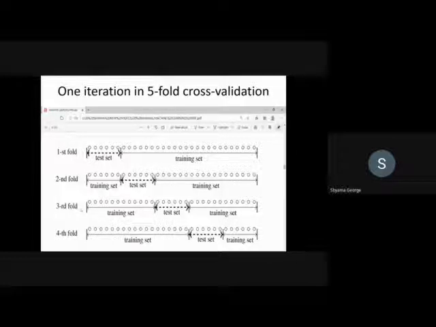In the third fold, the first 2 parts are training, the third part is testing, and the remaining 2 parts are training. In the fourth fold, the first 3 parts are training, the fourth part is testing, and the last part is also for training. And in the fifth fold, the first 4 parts are for training and the last part is for testing.